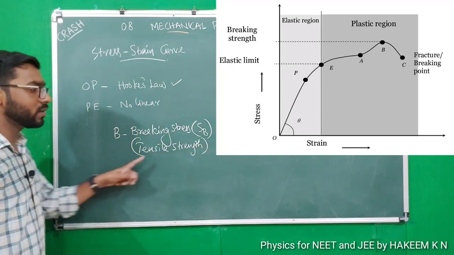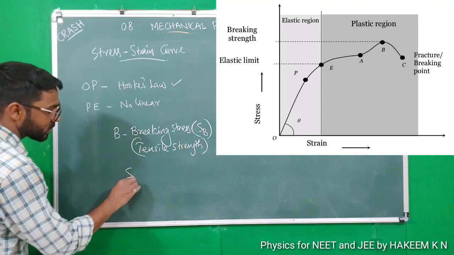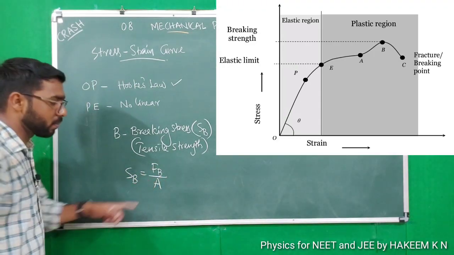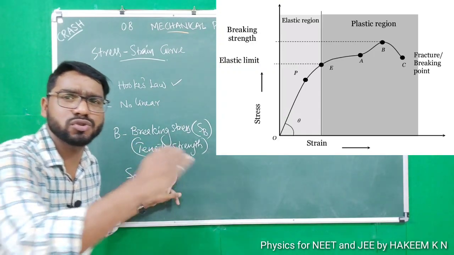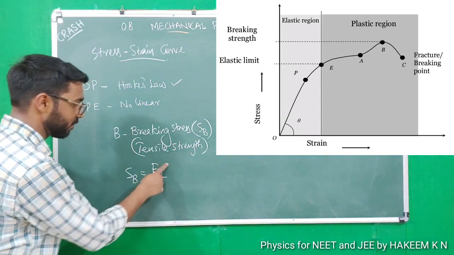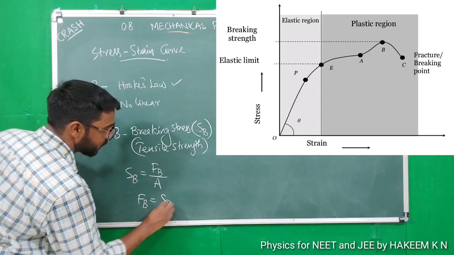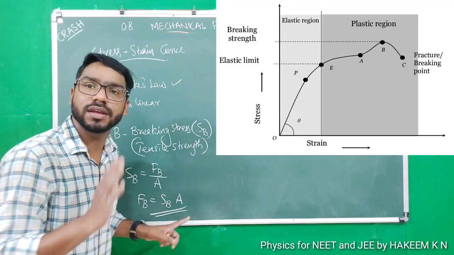It is calculated using SB equal to breaking force by area. Breaking force is the maximum force applied just to break the body. FB by area. So breaking force equals breaking stress into area. Breaking stress is constant for a material.